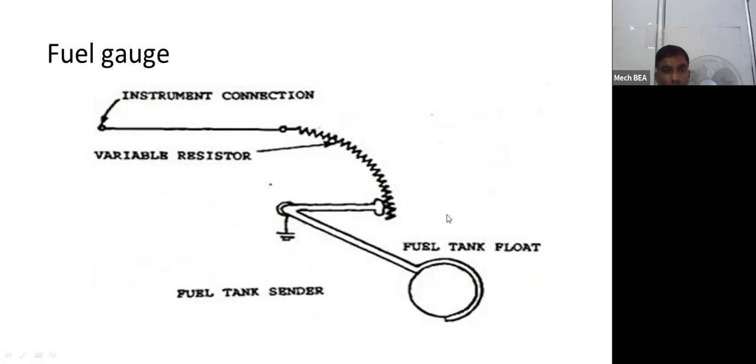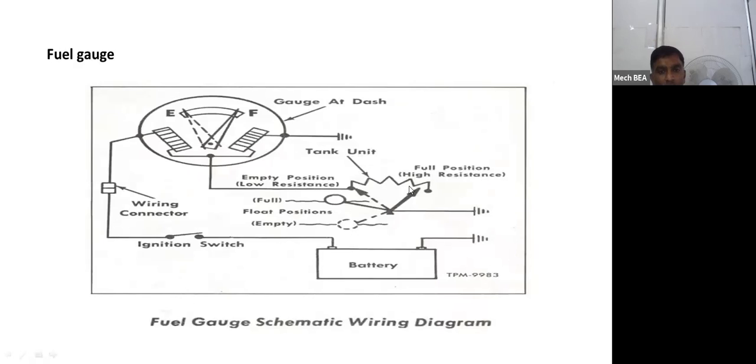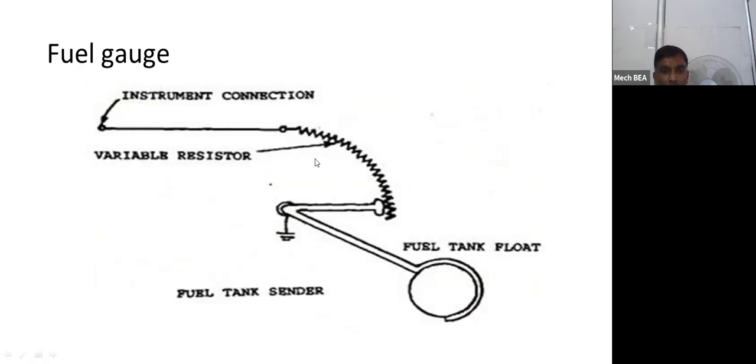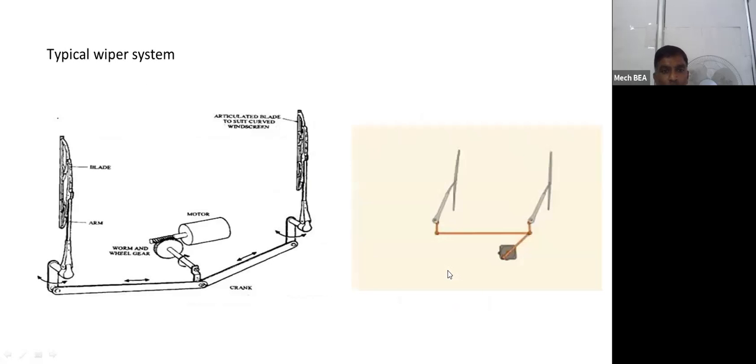Another figure for the fuel gauge. Whatever we have seen in connection with this is a variable resistor. This is the float. Again, another view for the wiper system.